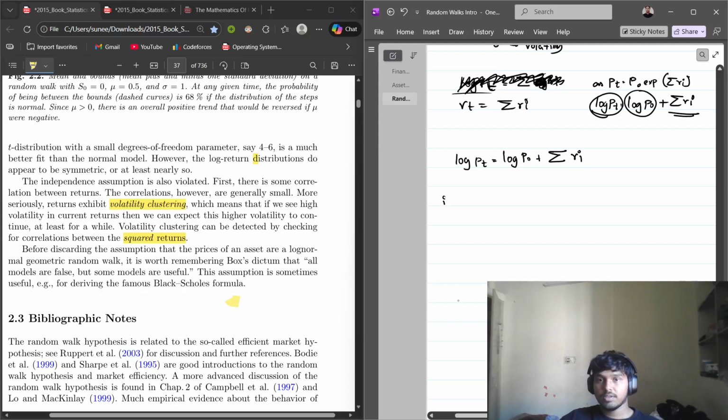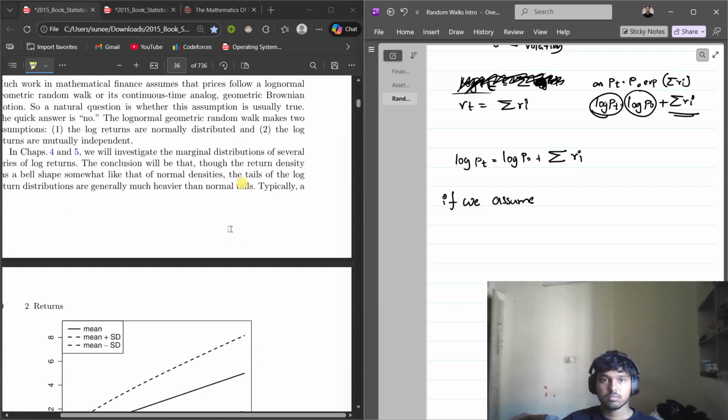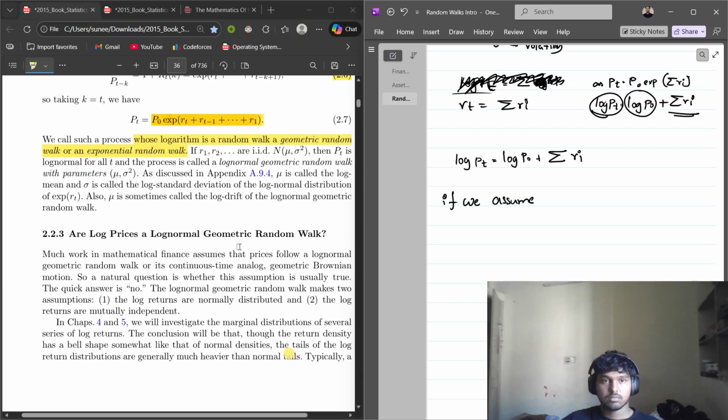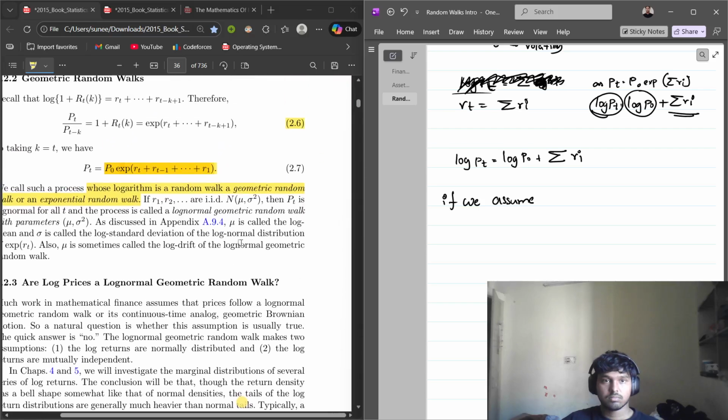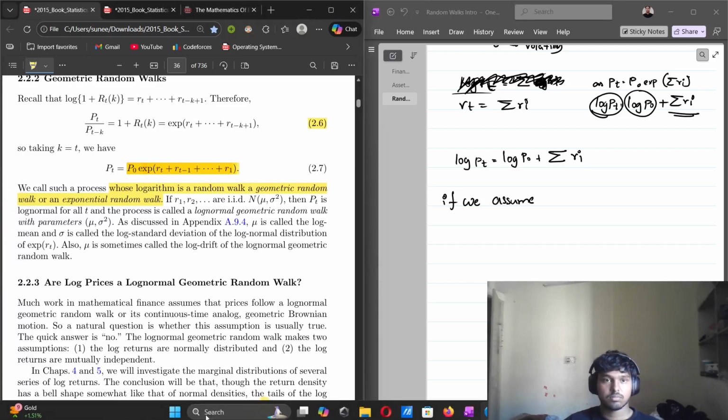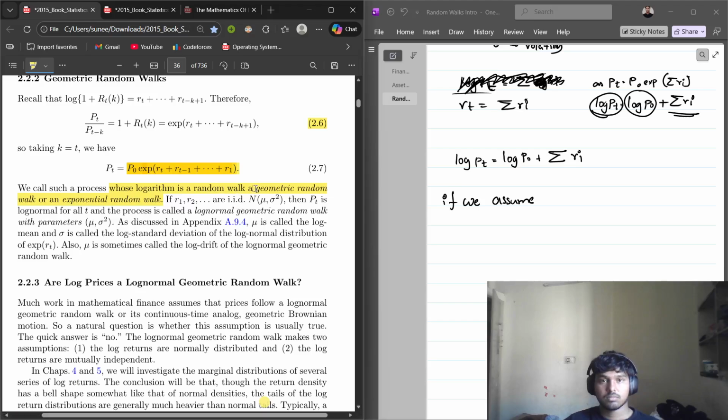Now if we assume, okay, if you use logarithm in a random walk, it becomes a geometric random walk or an exponential random walk.